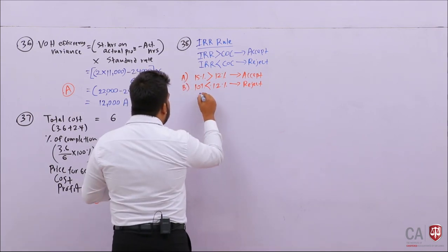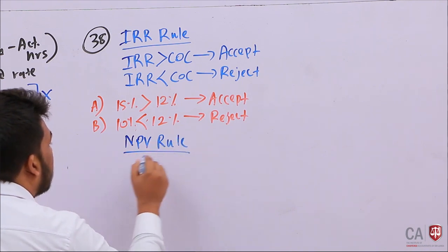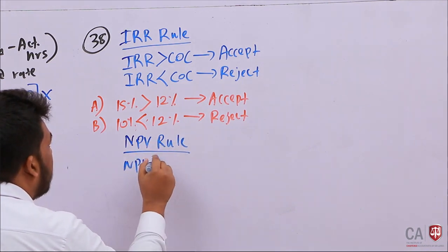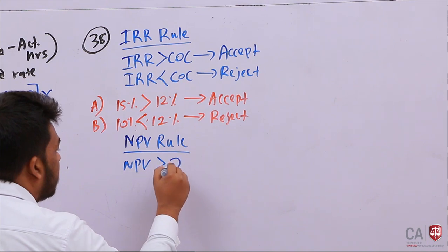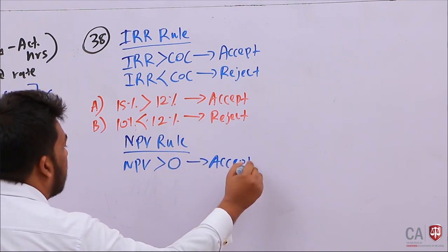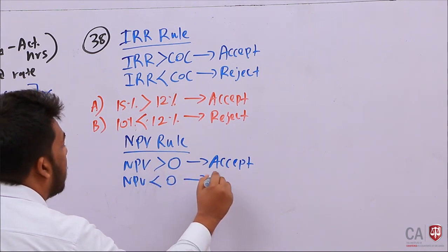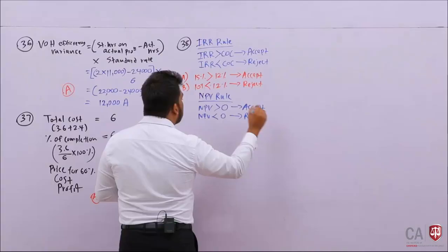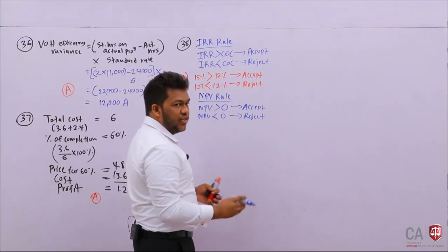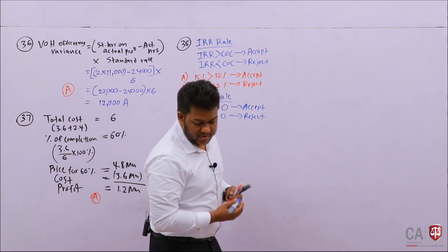Then the next ones are on NPV. What is the NPV rule? If the NPV is higher than 0, you have to accept. If the NPV is lower than 0, you have to reject. If it is equal, you will learn in the next level what to do.